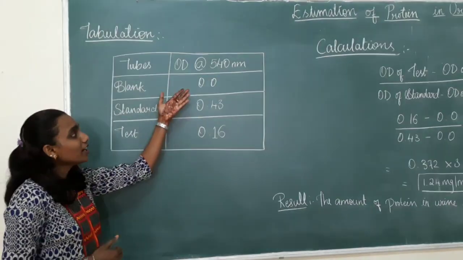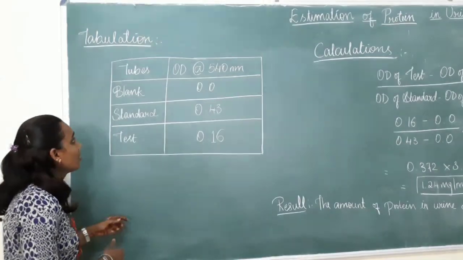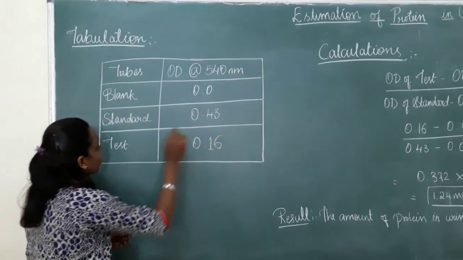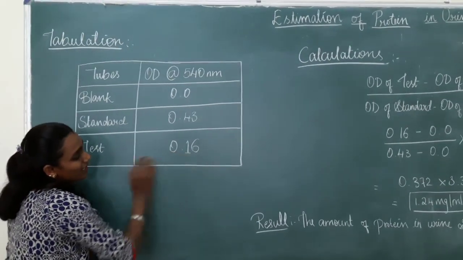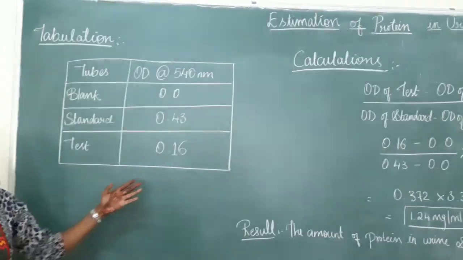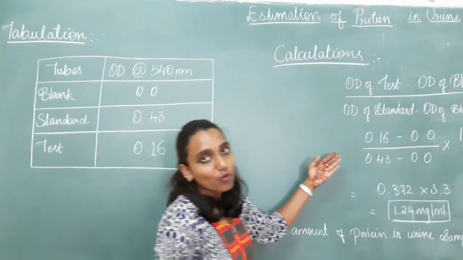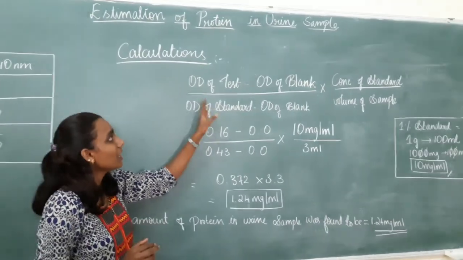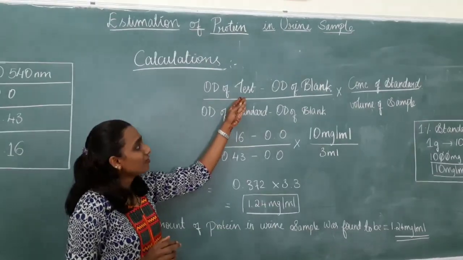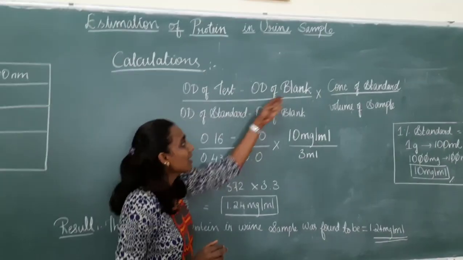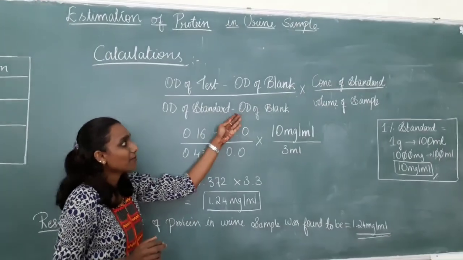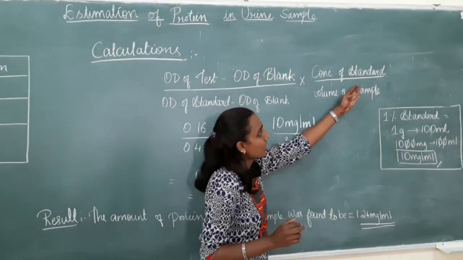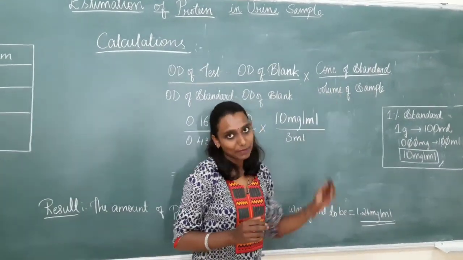Now let us look into the calculation. We have recorded all the OD values in the tabular column, wherein blank was 0.0, standard is 0.43 and test is 0.16. Now these values have to be calculated. The formula is OD of test minus OD of blank, divided by OD of standard minus OD of blank, multiplied by concentration of standard and volume of sample.